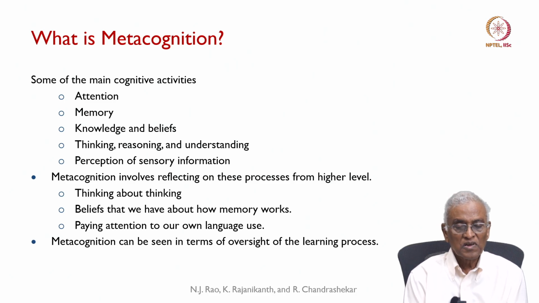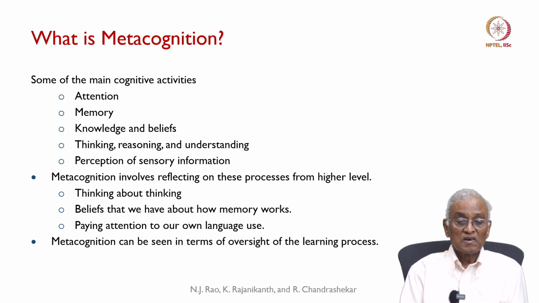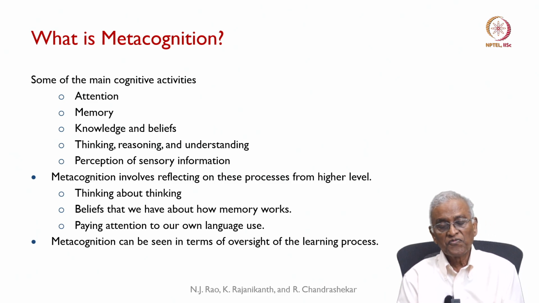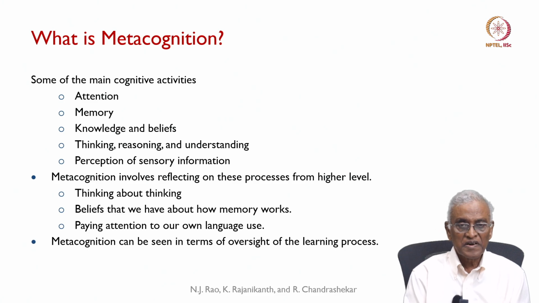If you take a book on cognitive psychology, they will tell you these are the basic cognitive processes. But in our courses here, we are looking at a set of these sub-processes in the framework of Bloom's taxonomy.